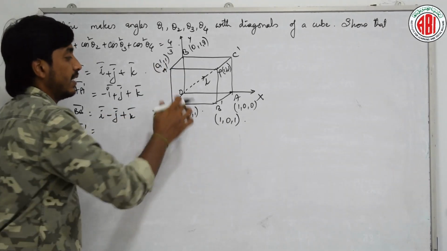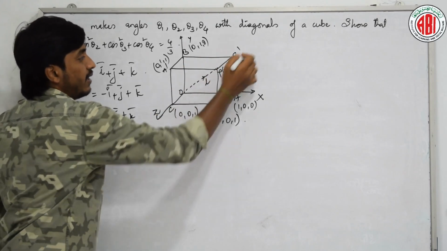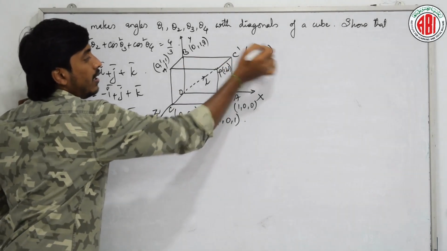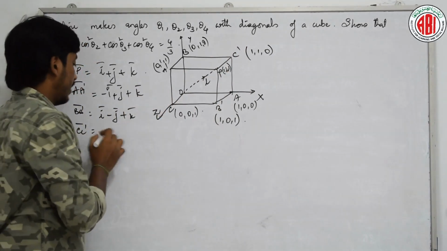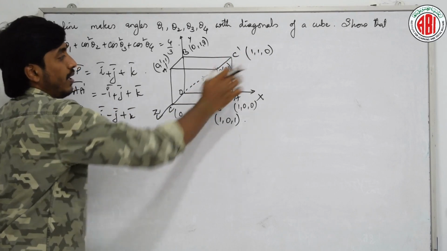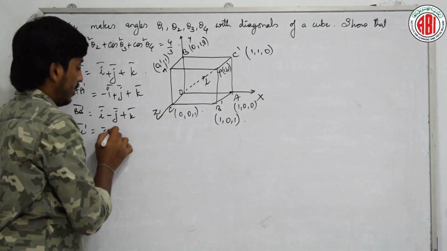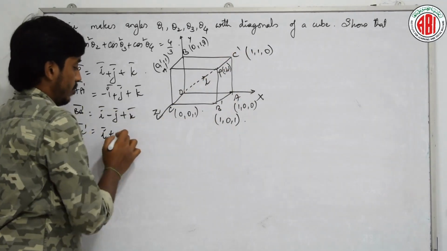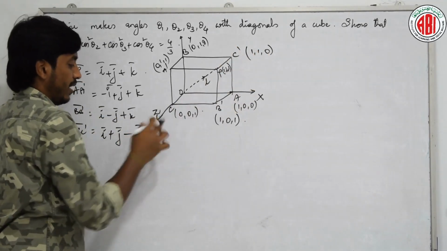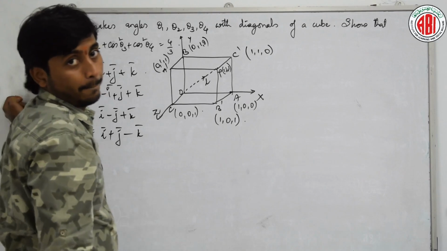Next, C dash. C lies in the XY coordinates, therefore it will be 1 1 0. Let us subtract it: OC dash minus OC. 1 minus 0 is 1. Again 1 minus 0 is 1. When it comes to the k coordinate, 0 minus 1 is minus 1 k. Clear?